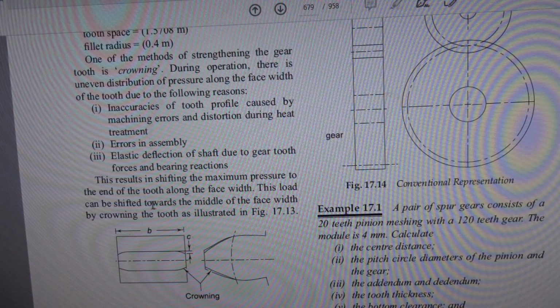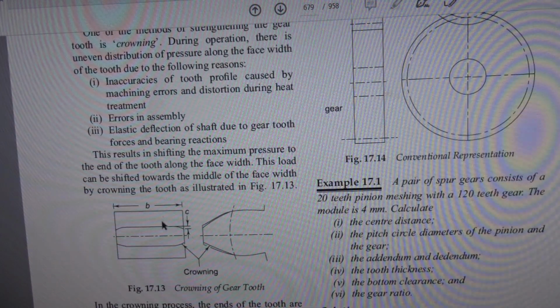This load can be shifted towards the middle of the face width by crowning the tooth, as illustrated in this figure. So when you remove some material, it is known as crowning. So this pressure which acts at the corner is shifted to the middle, and the teeth become stronger.